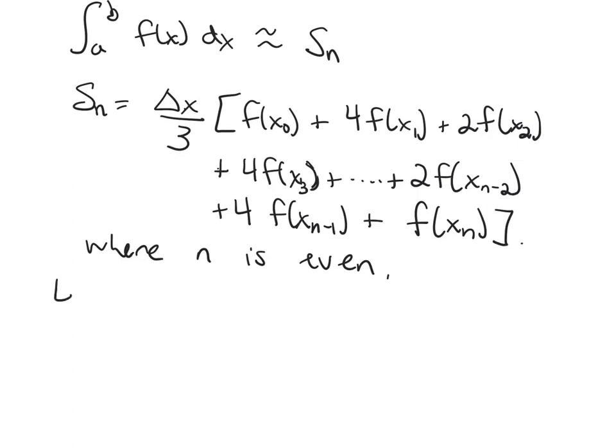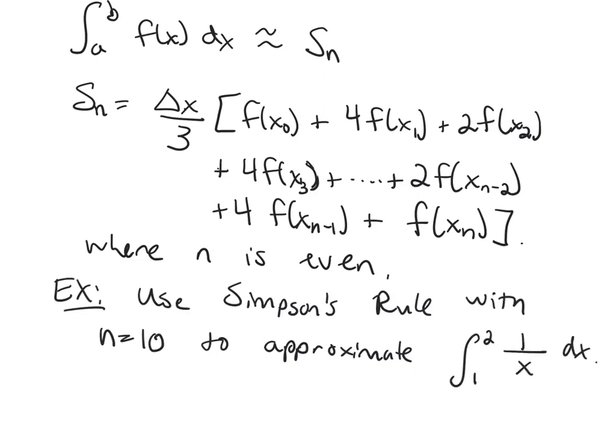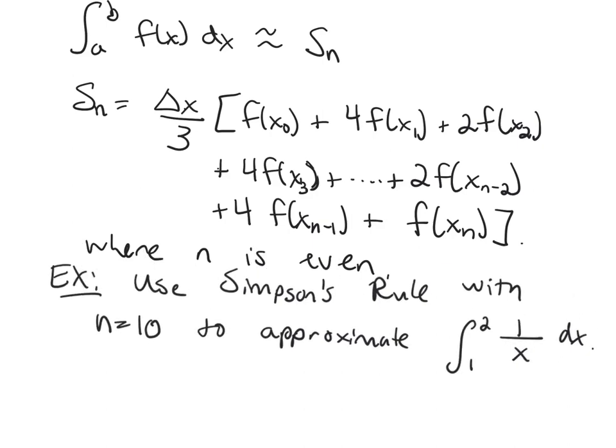Okay, so let's say we want to use Simpson's rule with n equals 10. Again, I have to choose n to be even. We'll approximate the same integral we've been talking about this whole time, the integral from 1 to 2 of 1 over x.